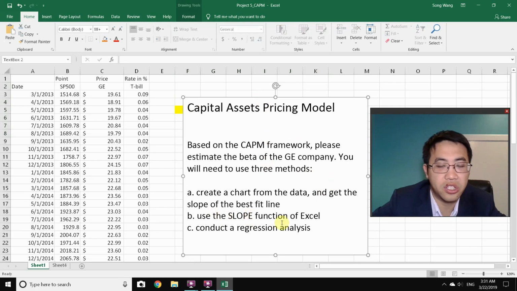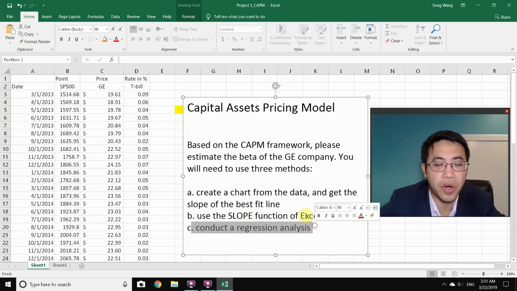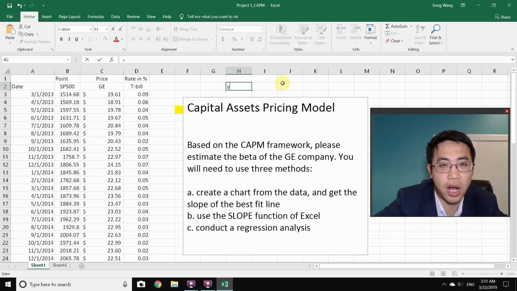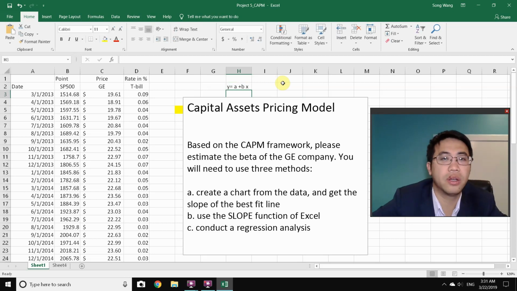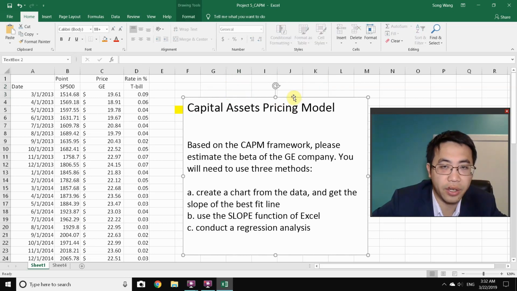The second method is much simpler: you just use the slope function of Excel. And the third method, you're going to conduct regression analysis. A regression analysis basically means you have y equals a plus b times x, and you want to estimate the number for b, holding y and x known. All right, so let's just get started.